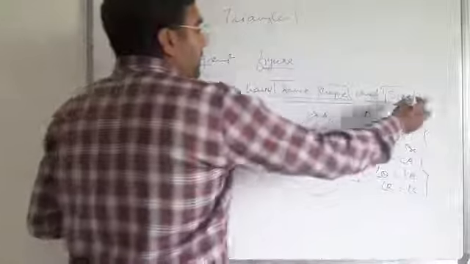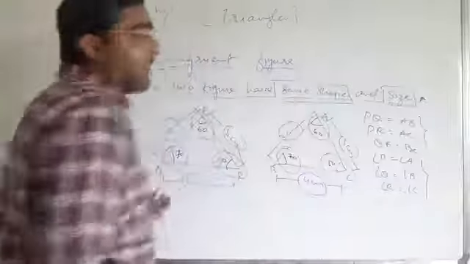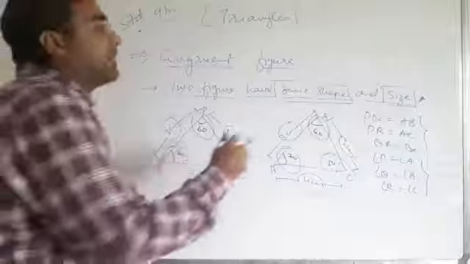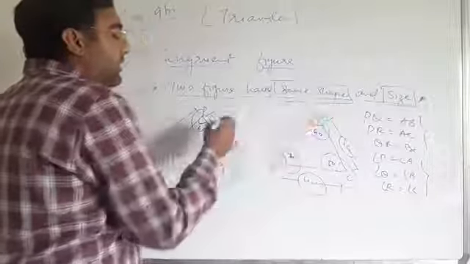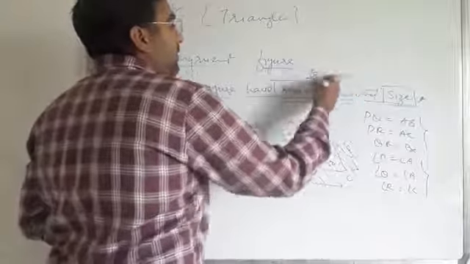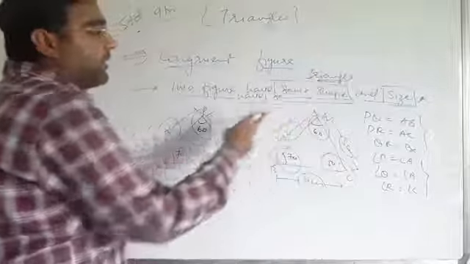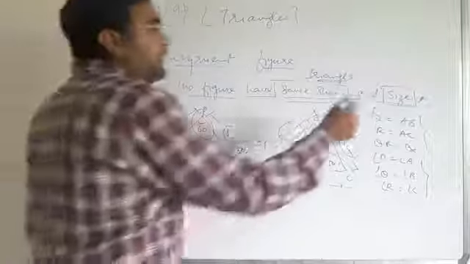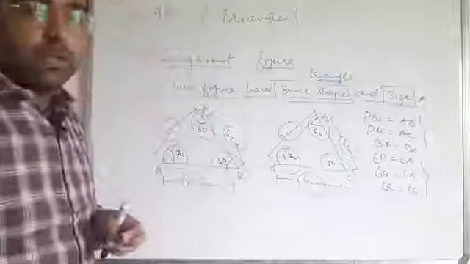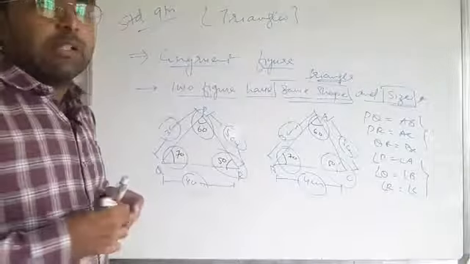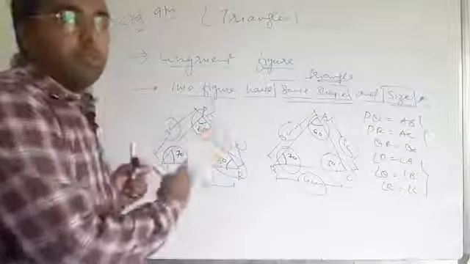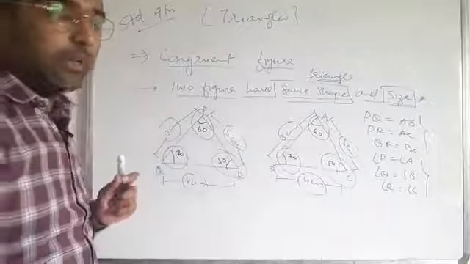That means both shapes are the same size and the same shape, since both of them are triangles. They have the same size, that is, all sides are equal and all angles are equal. With the same size, we say both triangles ABC and PQR are congruent.